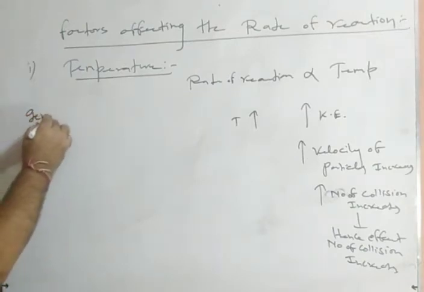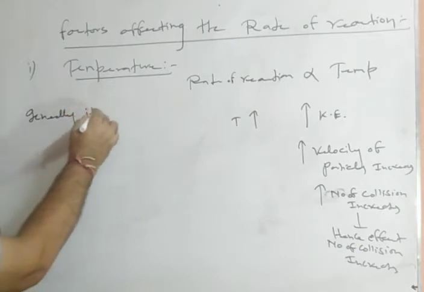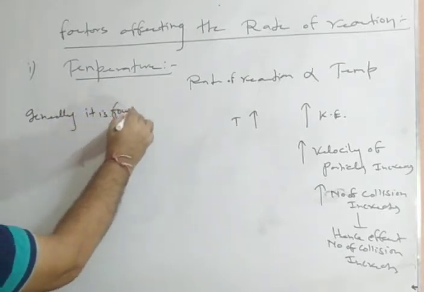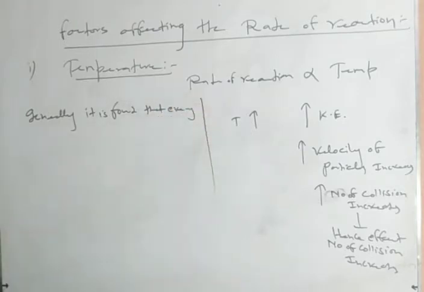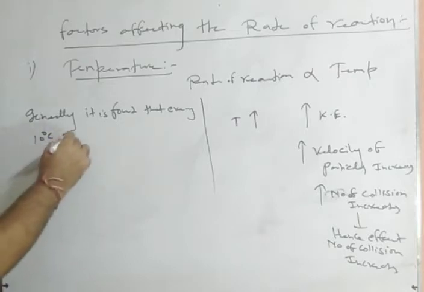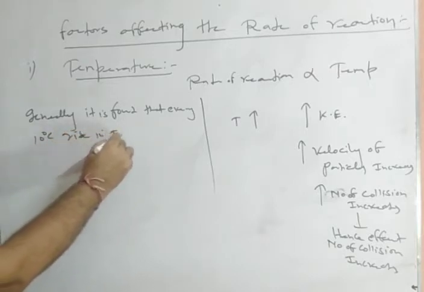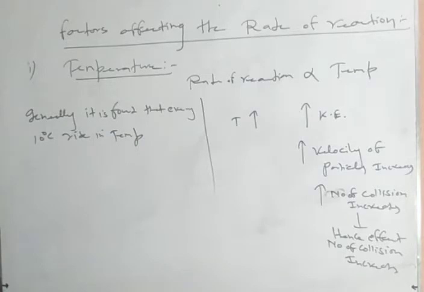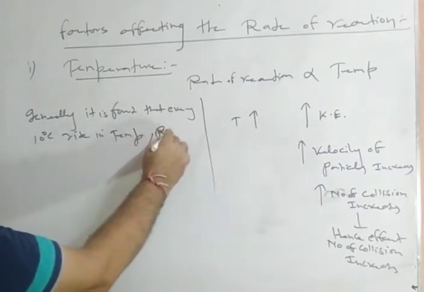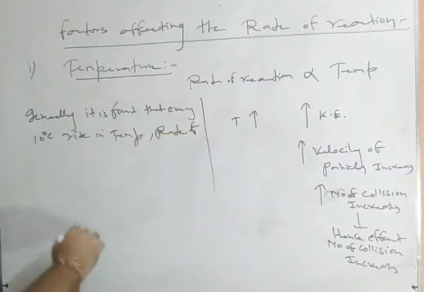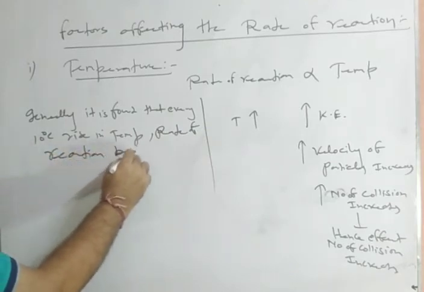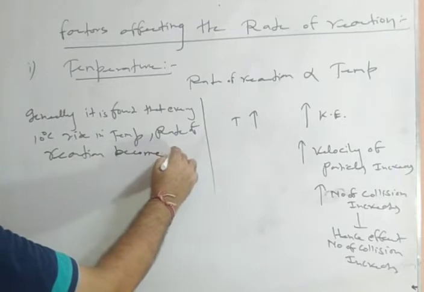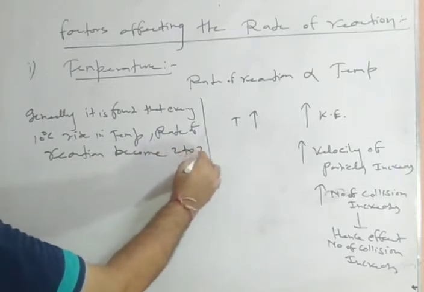Generally, it is found that every 10 degrees centigrade rise in temperature, rate of reaction becomes 2 to 3 times.